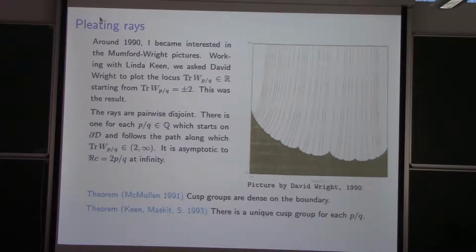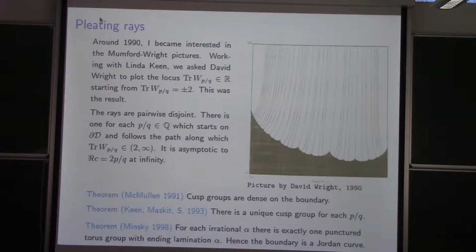Linda and I and Bernie Maskit proved something much less spectacular, that for each p over q there would be a unique group. This was a much more general theorem, and in retrospect it's very close to Mostow rigidity. You double the thing across the boundary, but it's a little bit more than Mostow rigidity. So it's sort of like an ending lamination theorem for cusp groups.